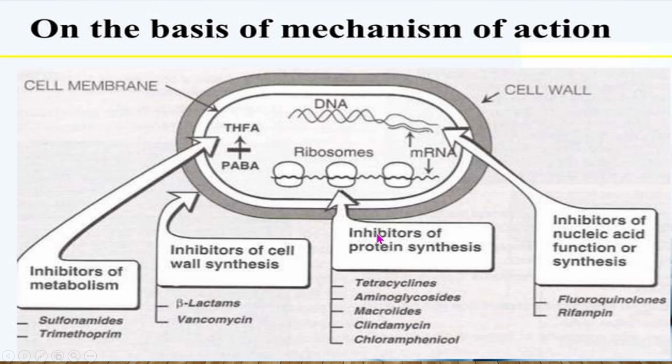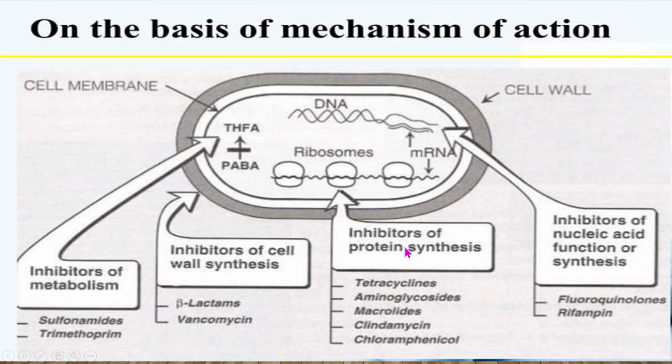The third category of compounds is inhibition of protein synthesis. Now we all know the nucleic acid material containing DNA, during its replication procedure, unwinds its strand and releases mRNA for the formation of protein. This messenger RNA carries the message of which protein is to be synthesized. This step is known as transcription and translation.